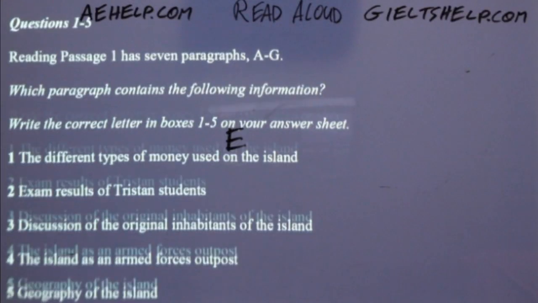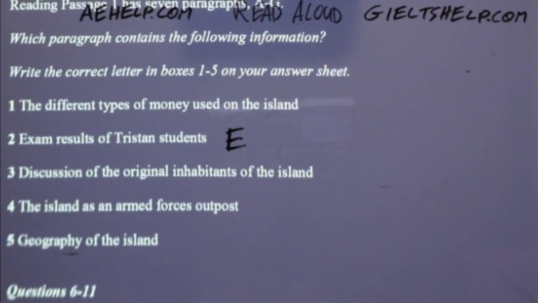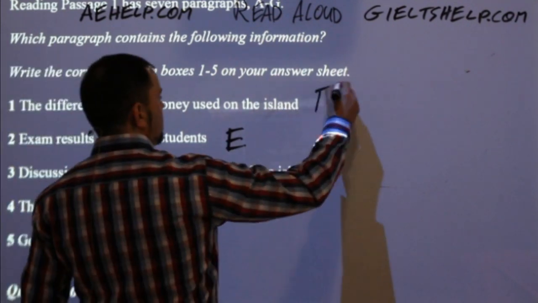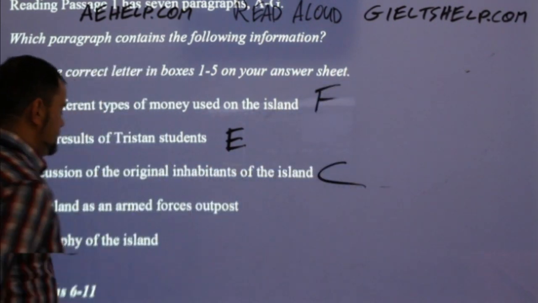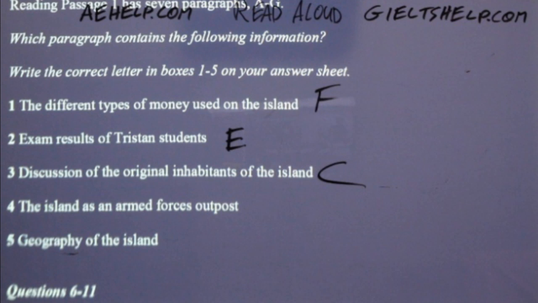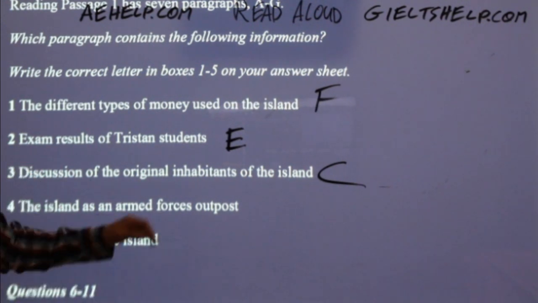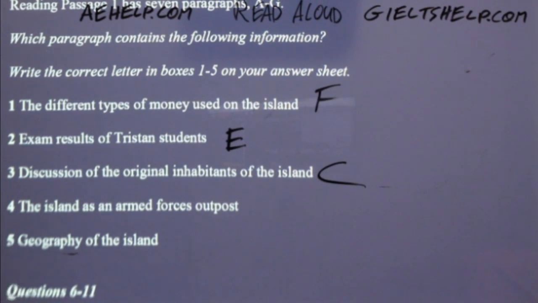So don't be too quick to choose your answers, okay? Careful, F, E, C. Okay. The island as an armed forces outpost. That one should be really easy because I drew a picture for you. So number 4, the island as an armed forces outpost.